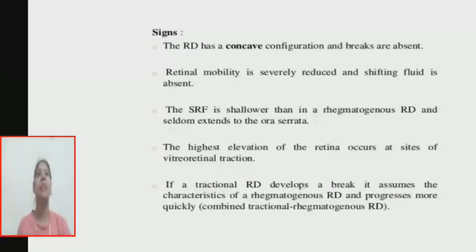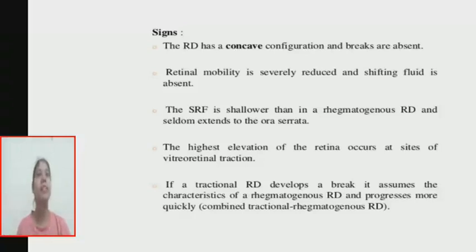Now signs. The retinal detachment has a concave configuration and breaks are absent. Retinal mobility is severely reduced and shifting fluid is absent. The serous retinal fluid is shallower than in rhegmatogenous retinal detachment and seldom extends to the ora serrata.